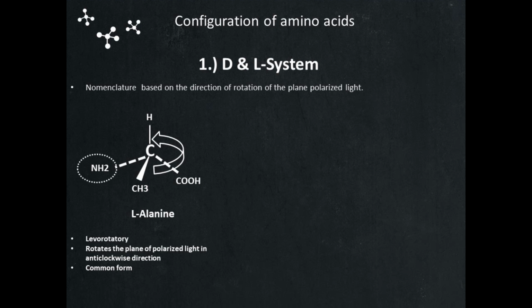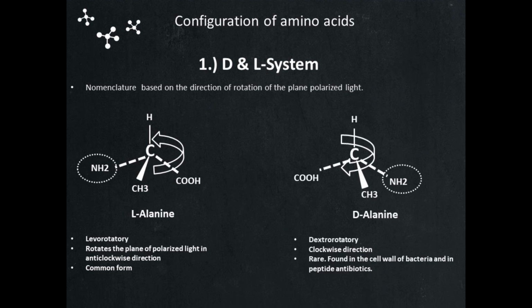As you can see here in the diagram, the arrow represents rotation of light in the anti-clockwise direction, and the L form is the common form in case of amino acids. Also, an important point to be noted here is that the amino group in L form is always on the left hand side.